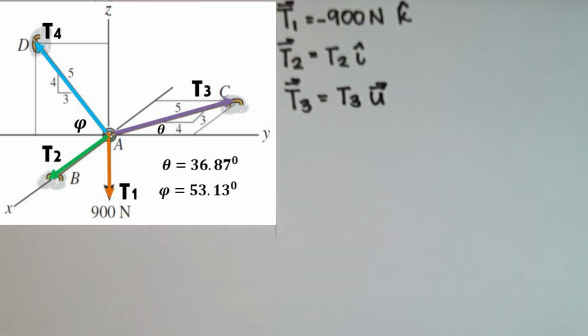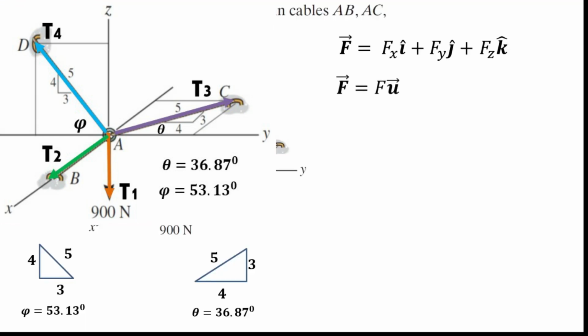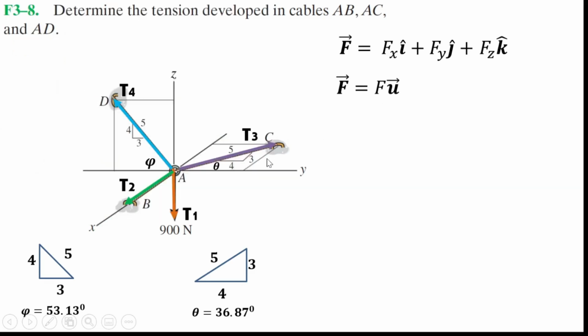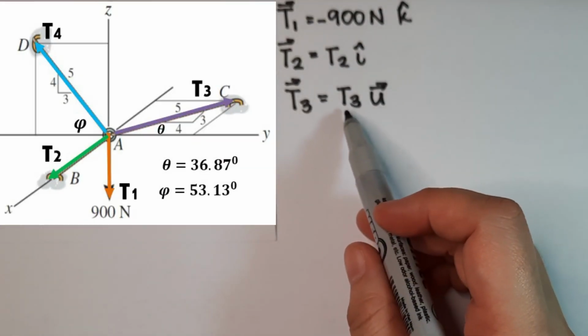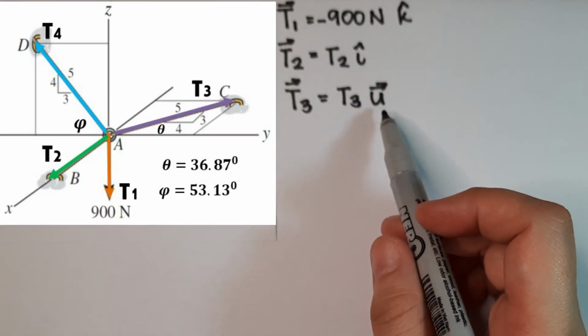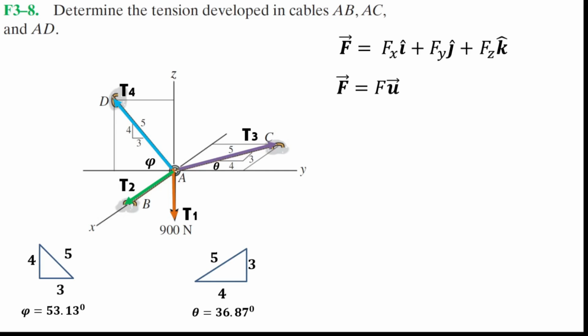It came from our formula for force: to get the Cartesian vector form, it is the magnitude times the unit vector. Since we don't know the unit vector, I just write the magnitude of T3 times its unit vector. What can we use to find the unit vector?